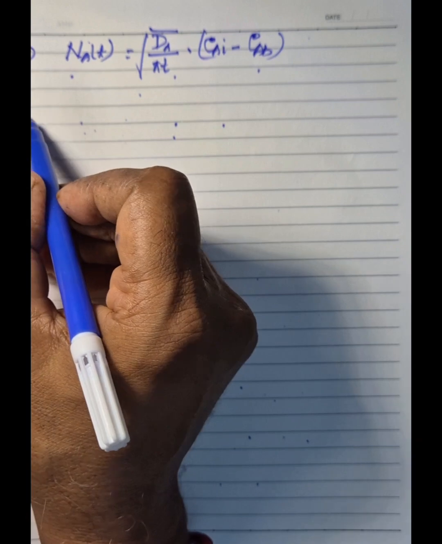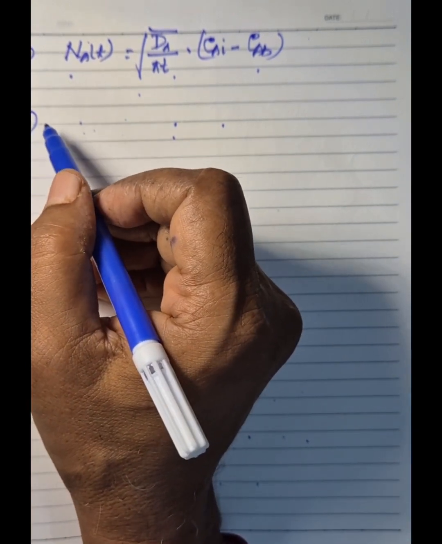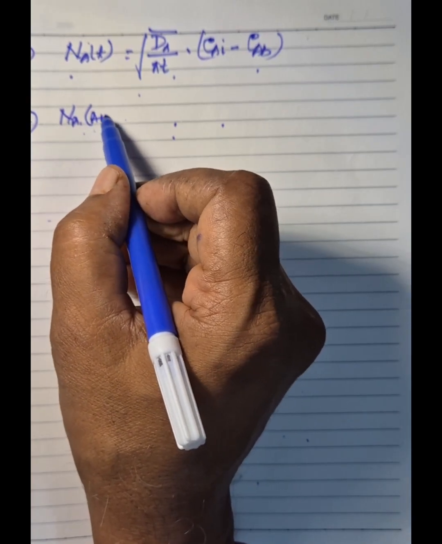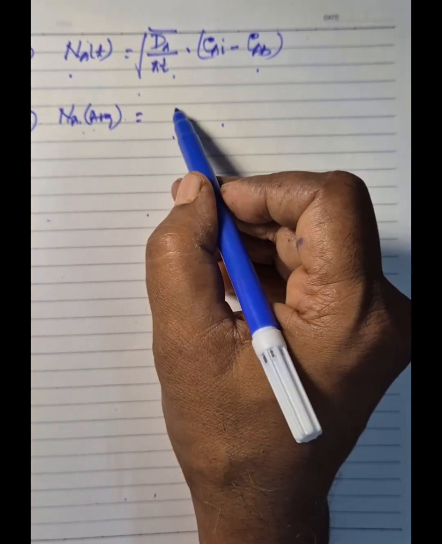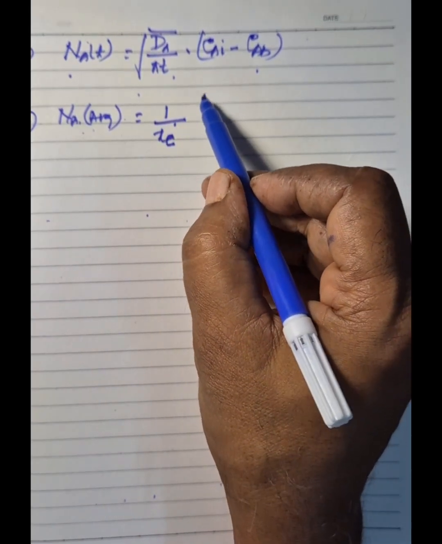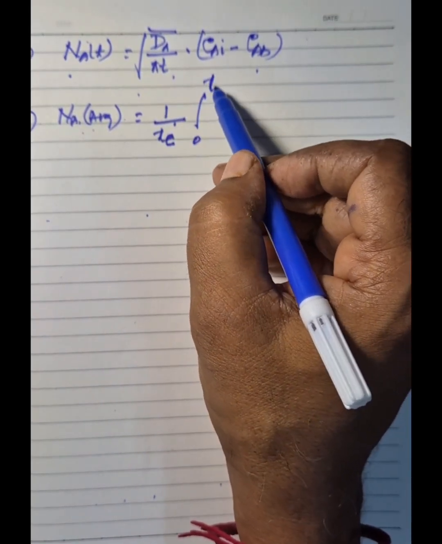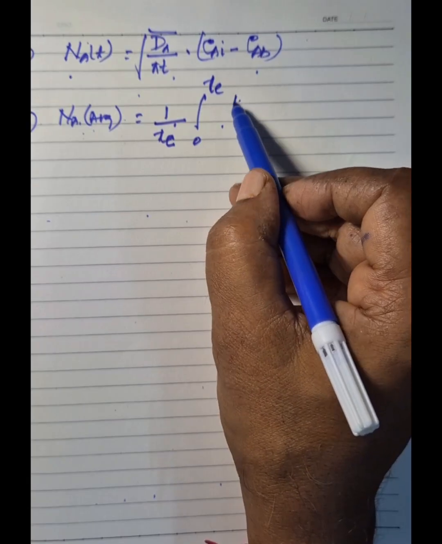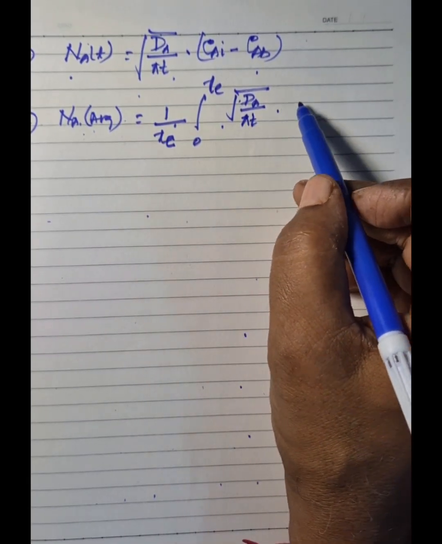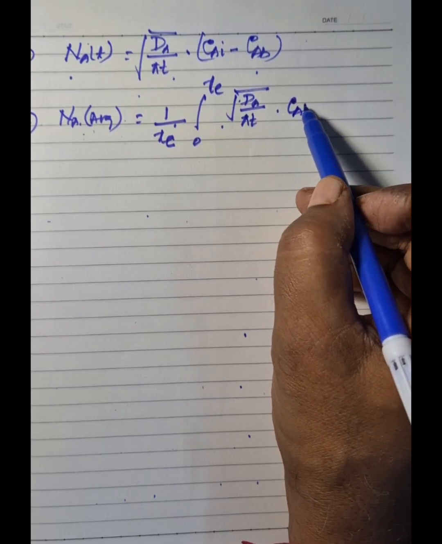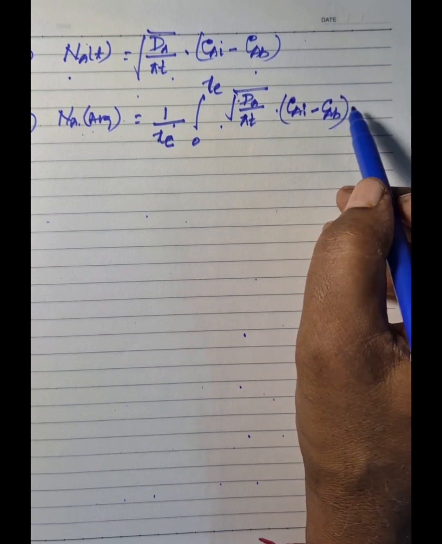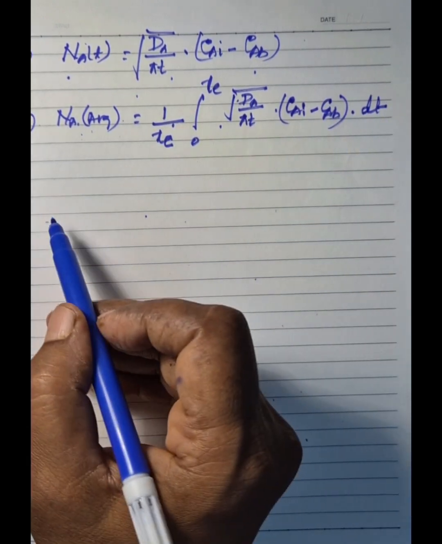So the average molar flux, average, can be written as 1 by T, where T is the exposure time, integral from 0 to T of the square root dA by pi t into CAI minus CAB into dt.